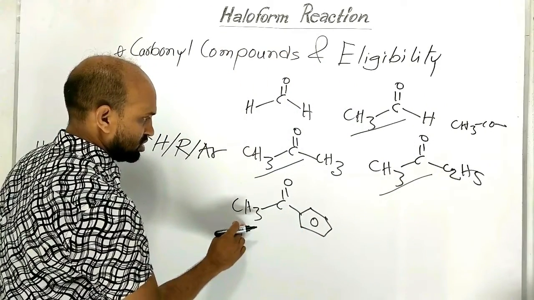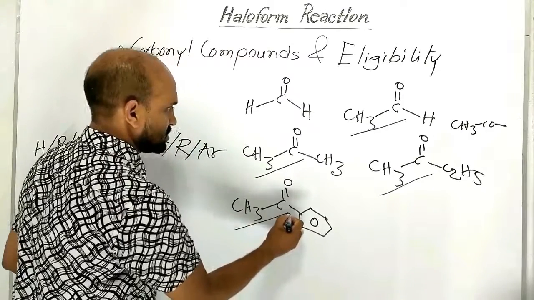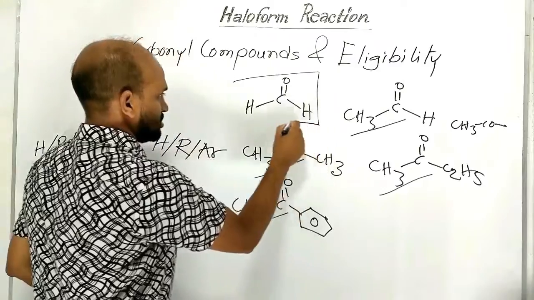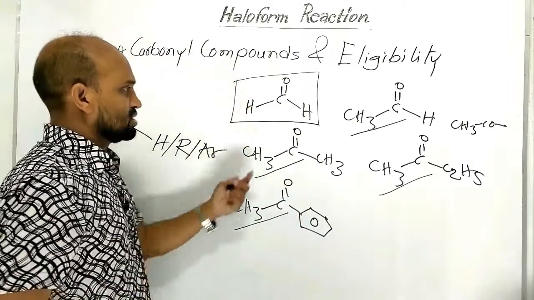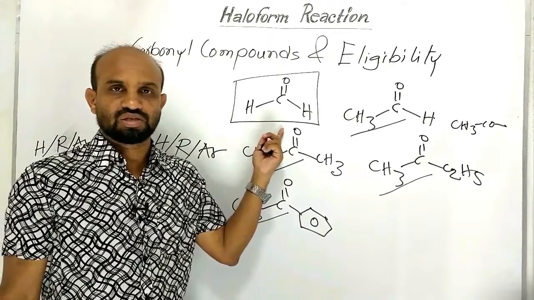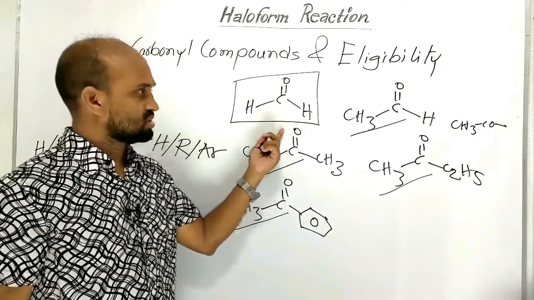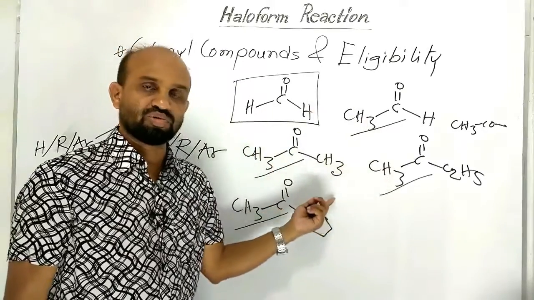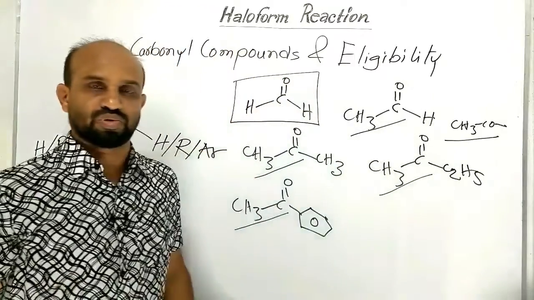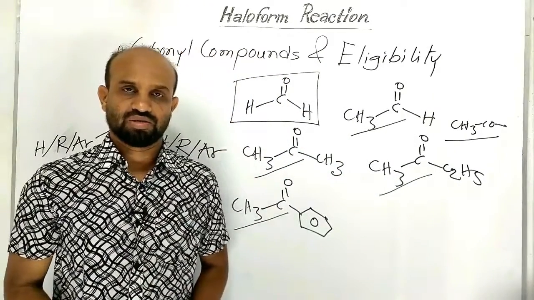This carbonyl compound contains methyl carbonyl group. But this one, formaldehyde, doesn't contain methyl carbonyl group. This is the meta of eligibility. That is, carbonyl compounds with methyl carbonyl group undergo a haloform reaction.